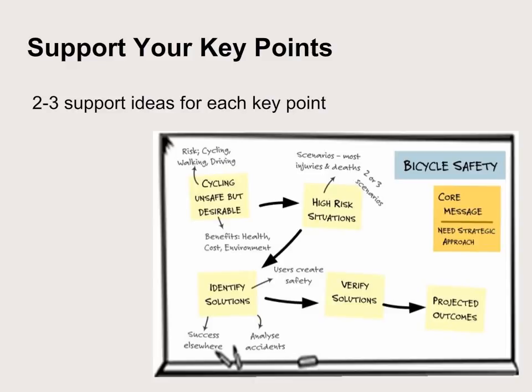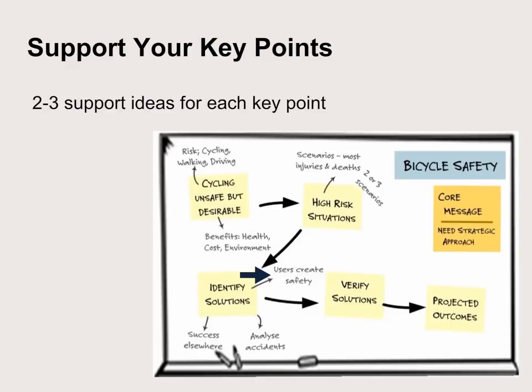To support my third key point, I might discuss what has been done to improve bicycle safety in other countries, and I might analyse accidents. I might also investigate what sorts of strategies cyclists use in their attempts to stay safe.